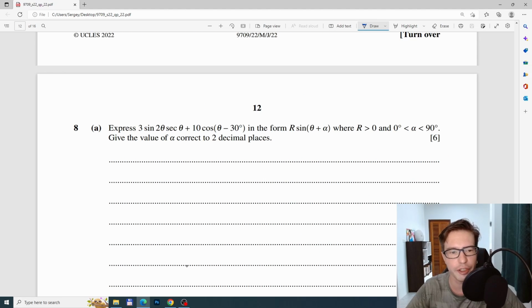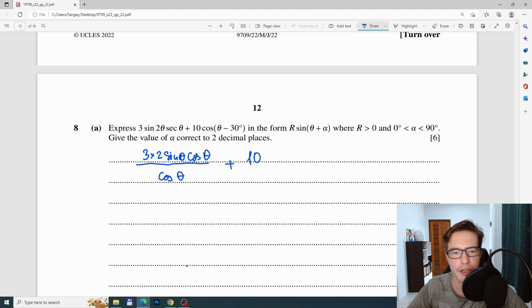Okay, next question, trigonometry, and I will start by replacing sine 2 theta with 2 sine theta cosine theta. And secant theta is going to be 1 over cosine theta. The next one, we can expand cosine of theta minus 30 using the combined angle. That's cosine theta cos 30 plus sine theta sine 30.